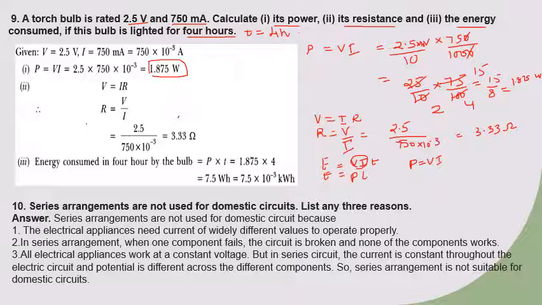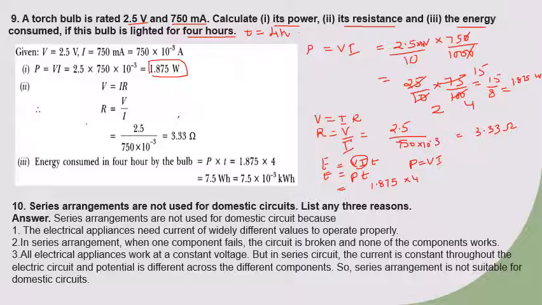Now what is power? Given over here, power we got is 1.875. We have calculated power, and the time over here is 4 hours. Power is given in watt, so we have to convert into kilowatt, but we are going to do it at the end.